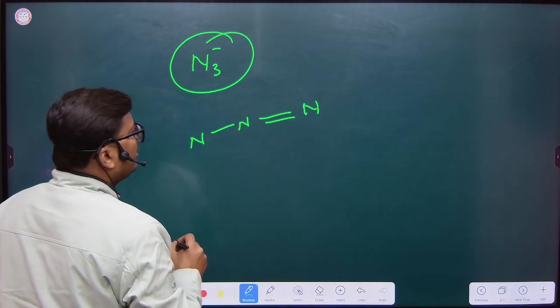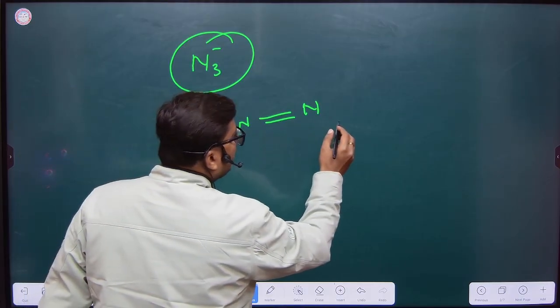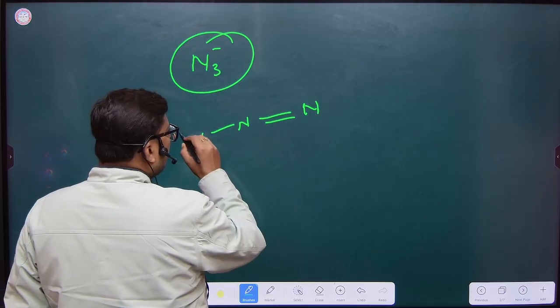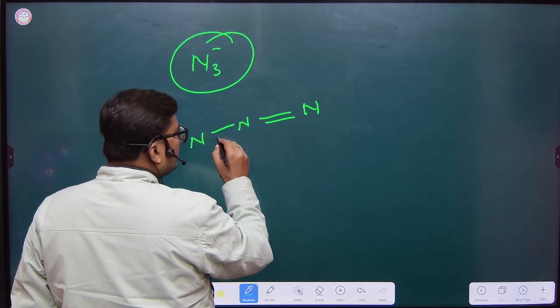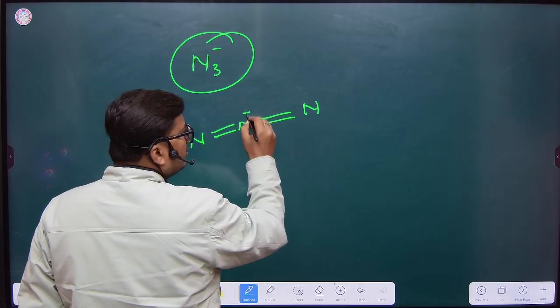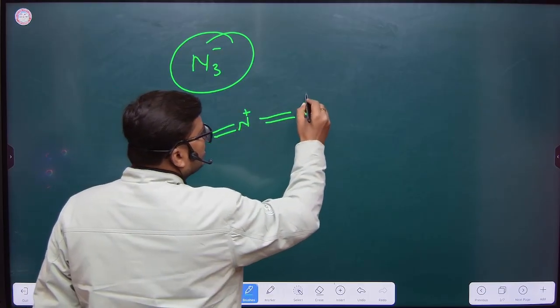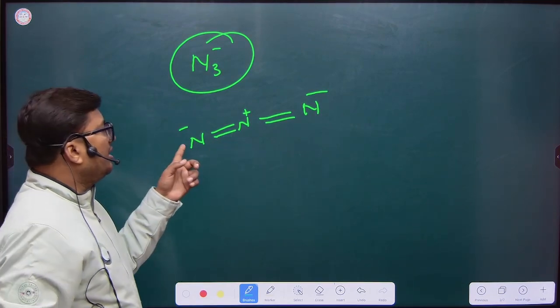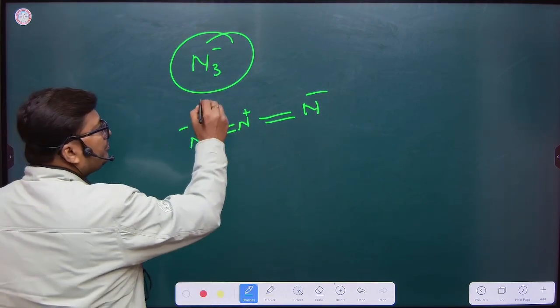Okay, N3 minus, and this is plus, and this is minus, and this is minus. So this is the structure, right? Ultimately this is N3 minus.